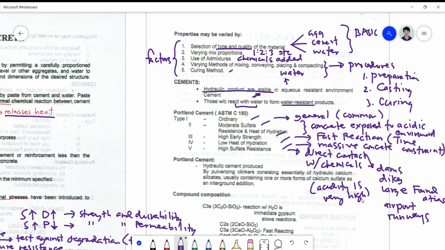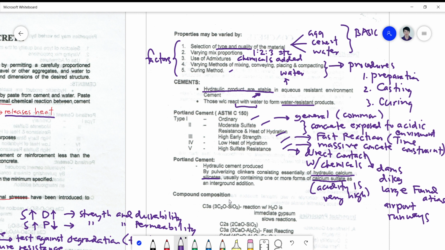For Portland cement, we have it defined as the hydraulic cement produced by pulverizing clinkers and consisting essentially of hydraulic calcium silicates, usually containing one or more forms of calcium sulfate and an interground addition.